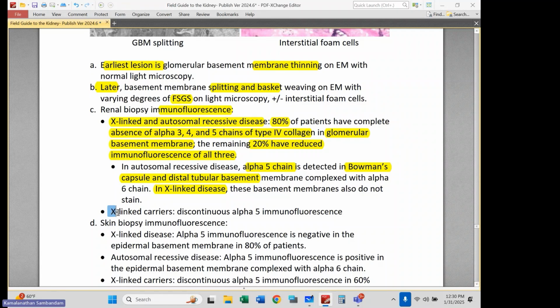If I'm a carrier of the X-linked alpha-5 mutation, then I might see discontinuous staining, less than normal staining, or immunofluorescence, I should say, for the alpha-5 chain.